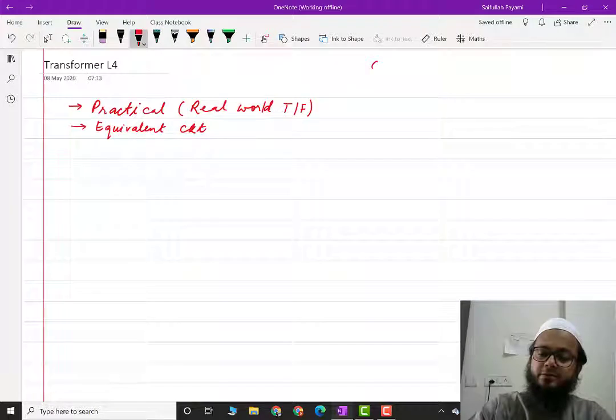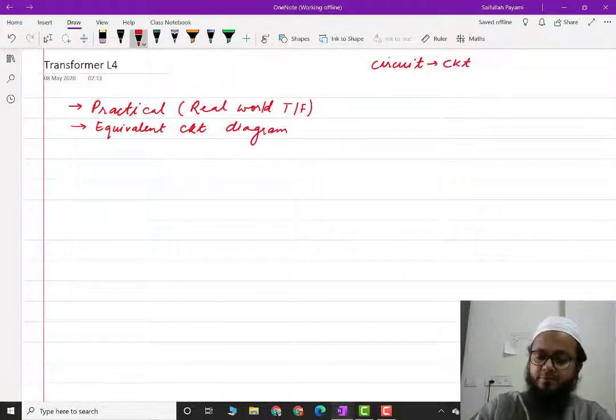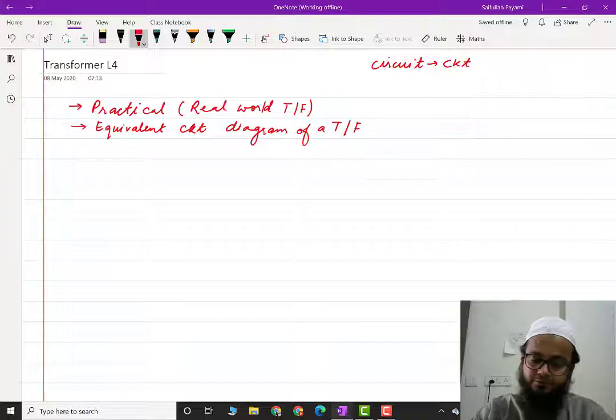For circuit, I generally write CKT, equivalent circuit diagram of a transformer. For transformer, I am using TF. I have already told you.